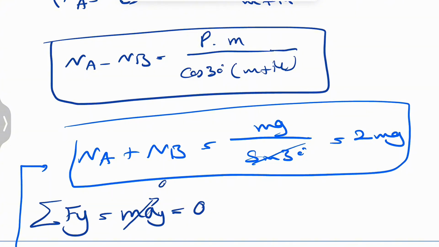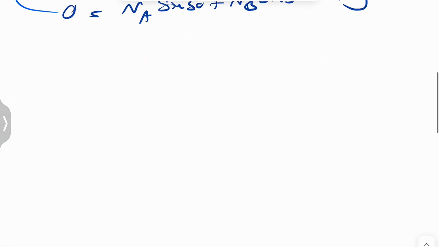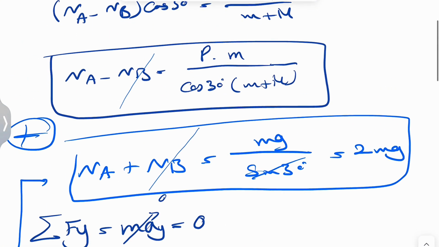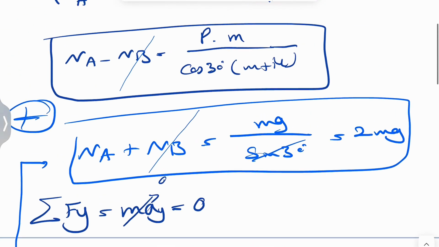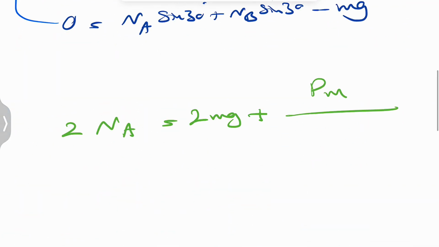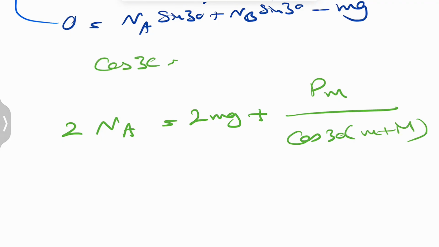What we can do is add these two equations. That way we can get rid of NB. So we'll have 2NA on the left side, and on the right side we have 2mg plus Pm over cosine of 30 degrees times M plus m. Cosine of 30 degrees is 1/2 of square root of 3.